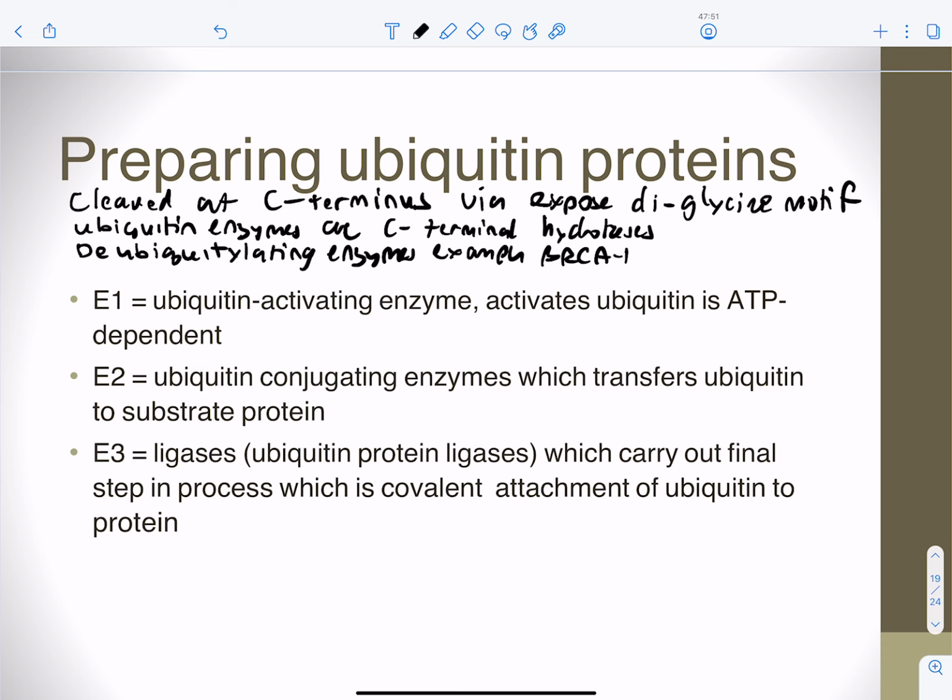E2 is going to be a conjugating enzyme, and this is where you're going to get transfer of actual ubiquitin to whatever protein is being targeted. E3 is going to be a ligase, and this is going to be the process of attachment of the ubiquitin to the protein through covalent attachment. Ubiquitin is usually attached to the epsilon amino group of an internal lysine residue.